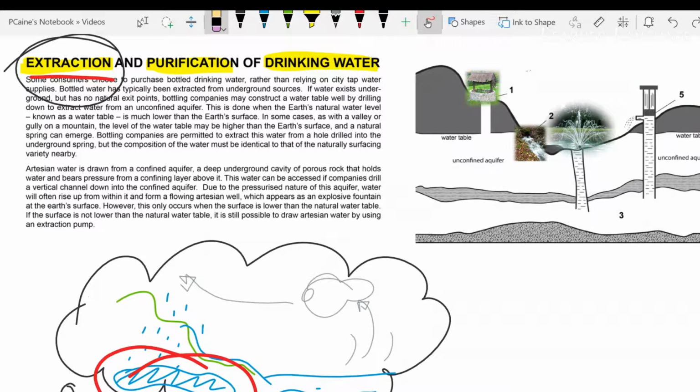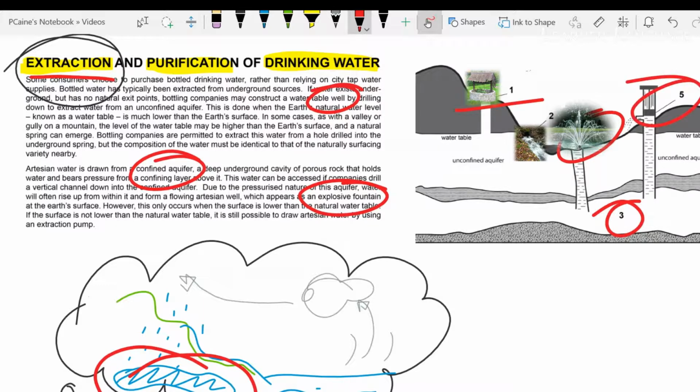And notice now the answers are very easy, because now I'm looking for a well, and that comes up very quickly. Then number 3, I'm looking for an aquifer, and that comes up here. Number 4, I'm looking for a fountain, and that comes up down here.